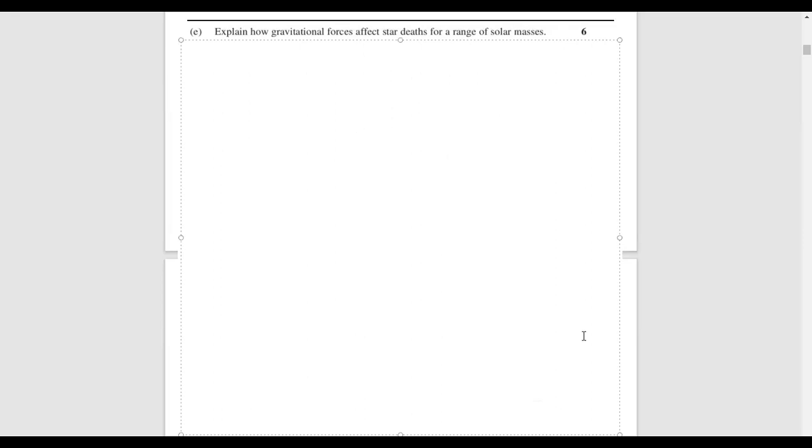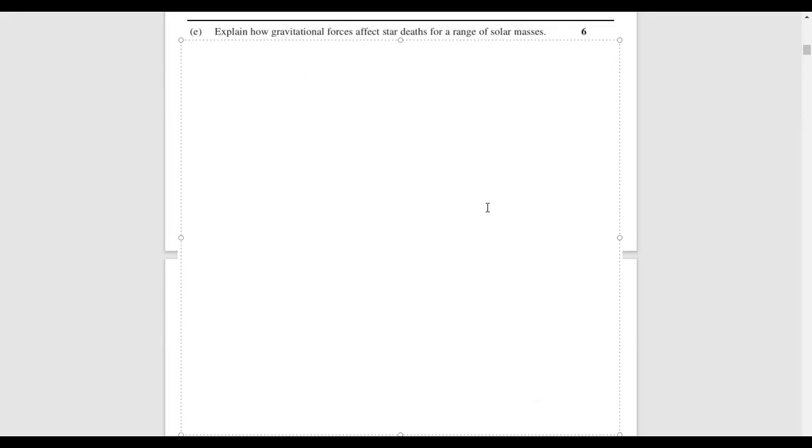So I don't think you'll quite get the exact same question under the new syllabus, just to be clear, because this would have been taken more from the astrophysics from the older syllabus. So I don't think you need to know it to that level of detail.